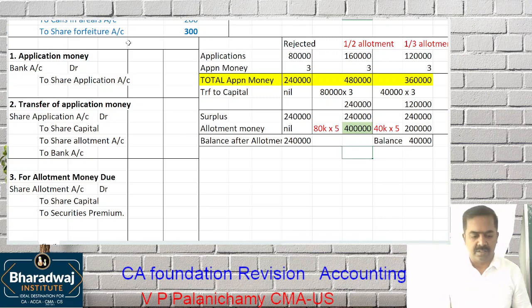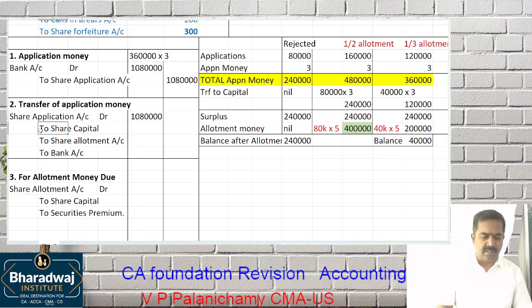Now, pay attention. Bank account debit, share application. How many applications totally received? 3,60,000 into 3. How much? What to do with this 10,80,000? Listen.